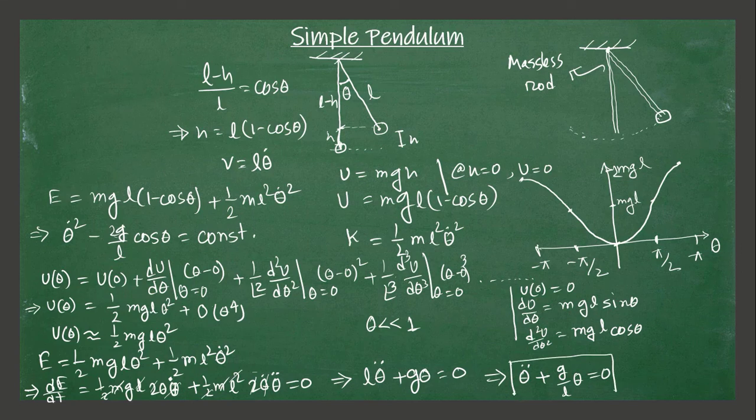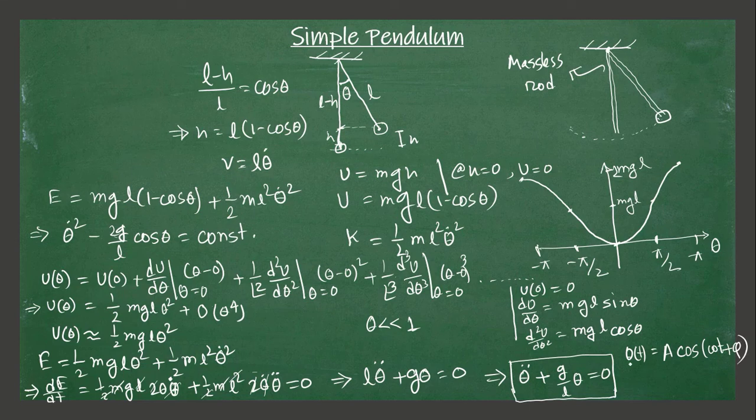And we can easily find the solution of this equation, which will surely be of the form theta as a function of t equals some constant, let's call that A, times cosine of omega t plus phi.